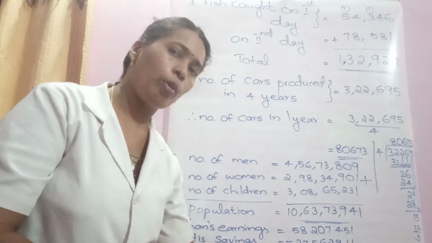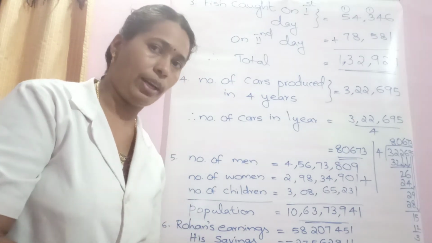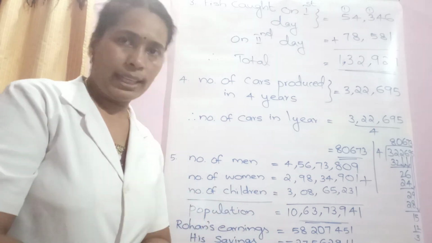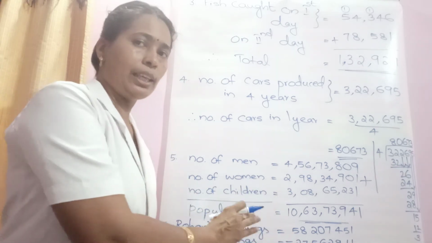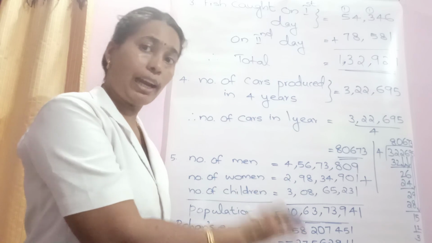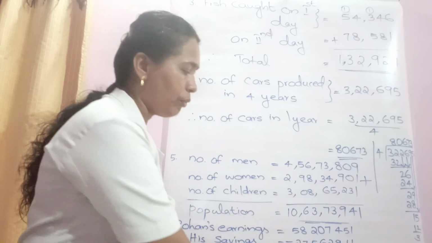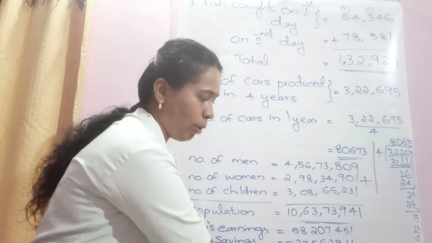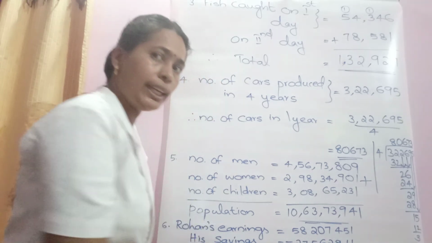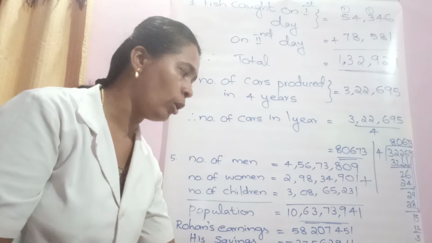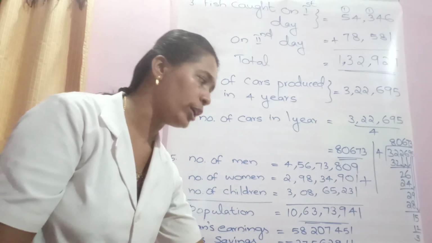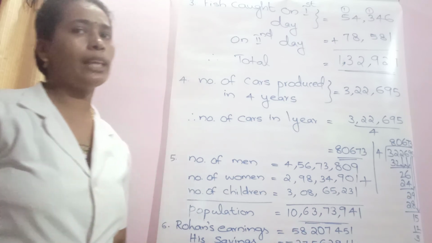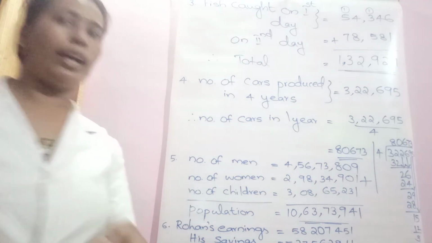We can put appropriate commas to read this one, either in the international or in the Indian system of numeration. Here the teacher is keeping the Indian system of numeration after getting the difference. In the difference we can put the first 3 digits, comma, next 2 digits, comma, next 2 digits, comma. Then it is read as 3,06,44,540. Okay, the teacher is keeping it in this form. If you need the other one, you can apply it.